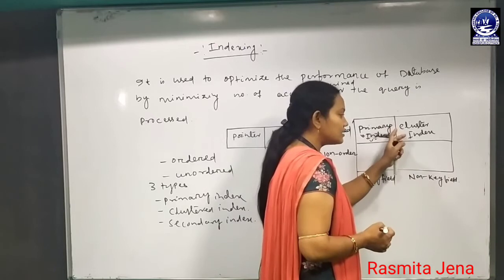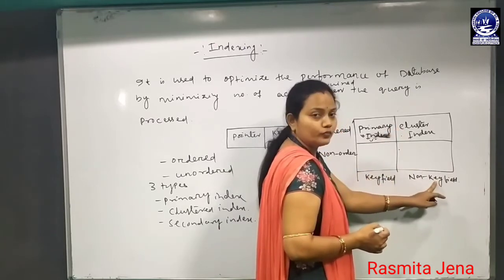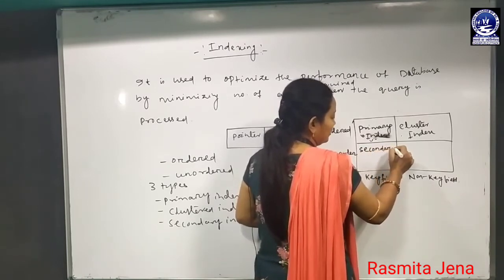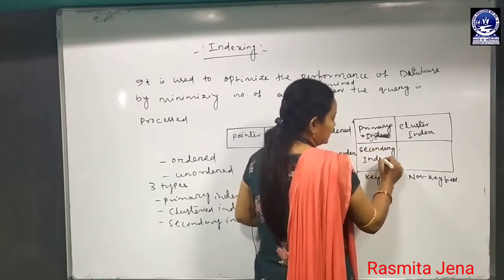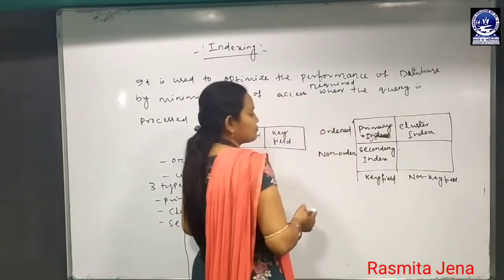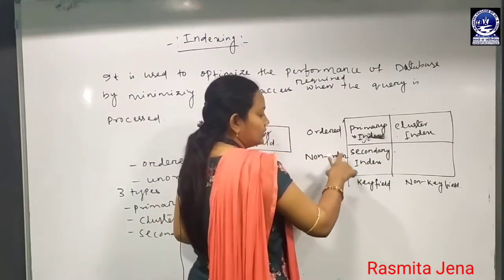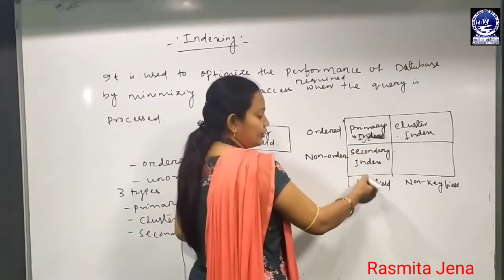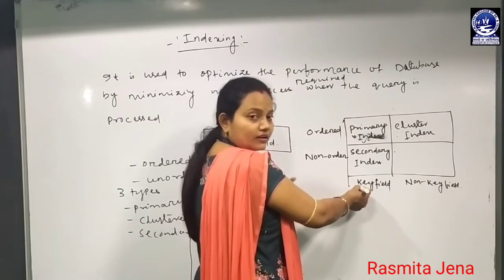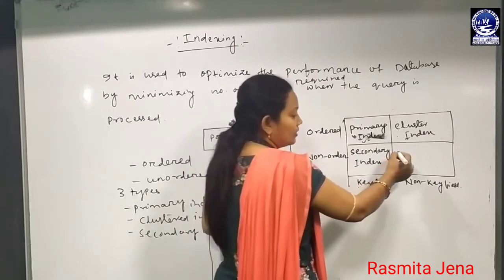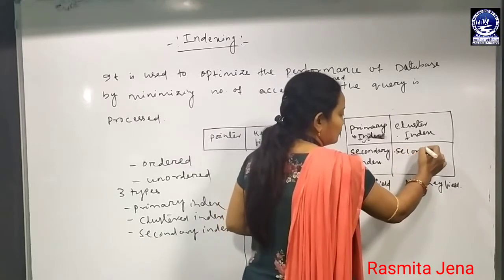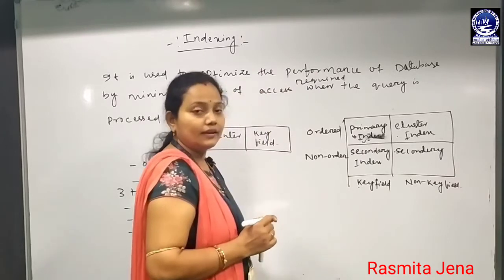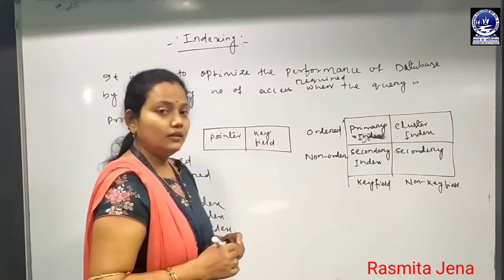That means the clustering index is based on the non-key field. Then comes the secondary index, the third category of indexing. In secondary index there are two cases. In one case the file may be in non-order and it requires a key field in the records of the data. In the other case the files are in non-order and it does not need any key to access the records in the database.